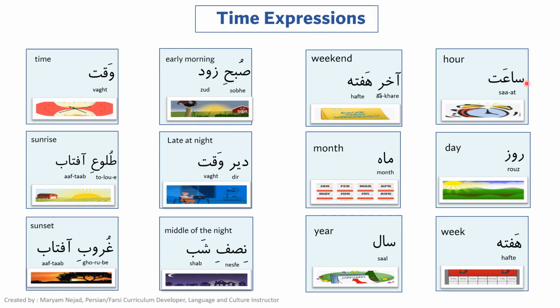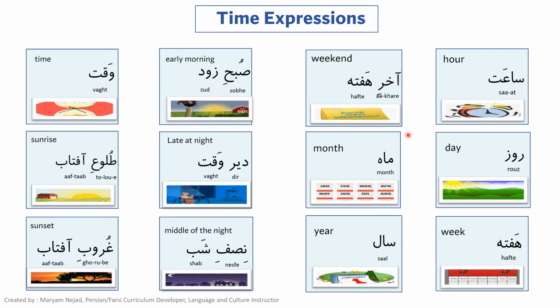I'm just going to read through them for pronunciation purposes, so you become more familiar with them. So the first one, ساعت, روز, هفته, آخر هفته. Remember, there's an ezafe here. Ezafe is implied. We don't write that down, but you see it here only because we are practicing pronunciation. So I wanted you to see that there is an ezafe there. But generally, we just don't write down ezafe.